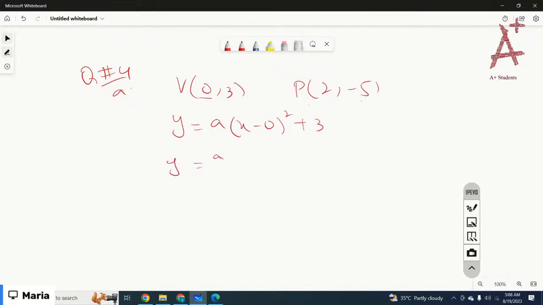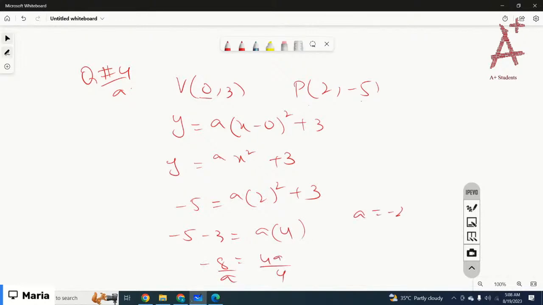It would be y equals a x square plus 3. Just put this point, y is -5. That would be -5 minus 3 equals a times 4. That would be -8 equals 4a. A equals -2, right? That means the equation is y equals -2x square plus 3. That is the equation of the parabola.